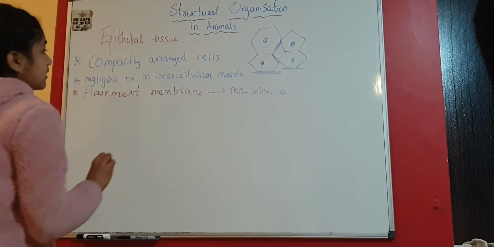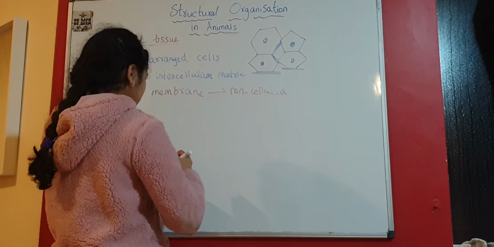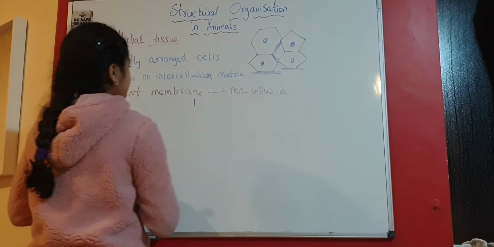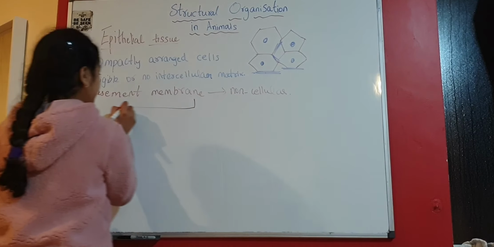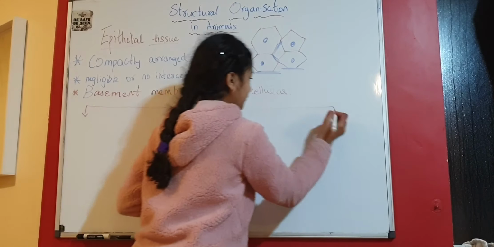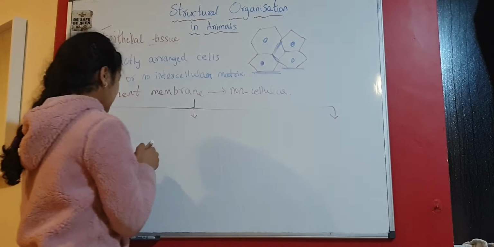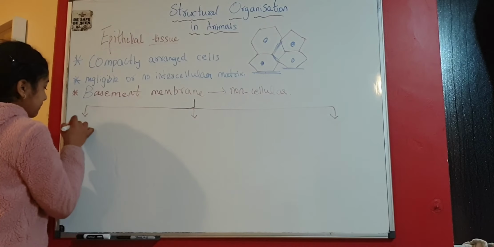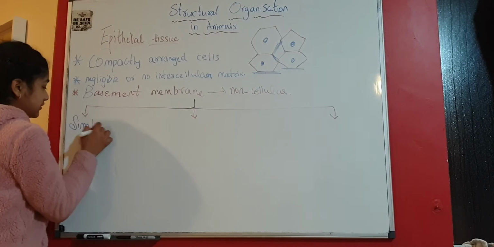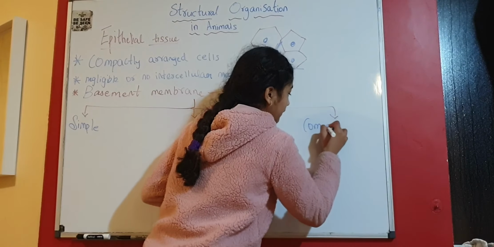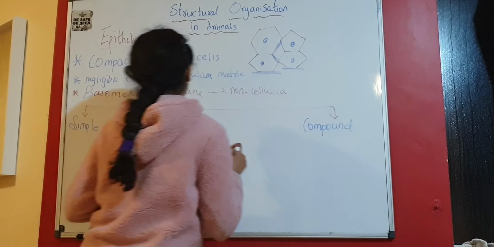So these epithelial tissues can be classified into three main categories. The first one is called simple epithelial tissue. The next one is called compound epithelial tissue.